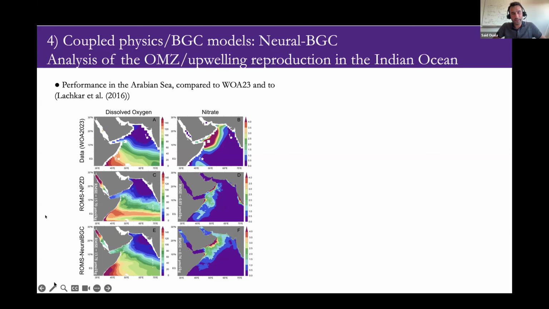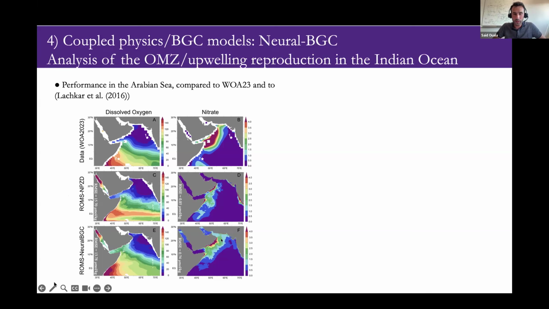And maybe regarding the positive things about this model, we were able to correct some of the biases in the ROMS NPZD model. So, for example, there is this big front of highly oxygenated waters around the equator, which is not realistic and not present in the observations, and we were able to correct it in the hybrid model.